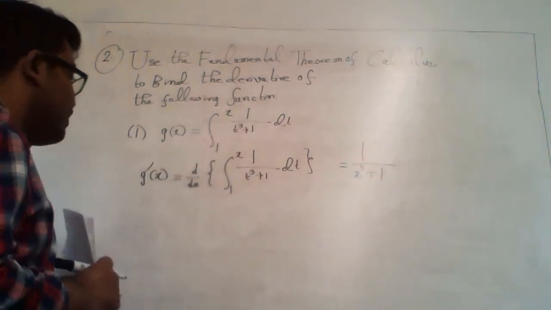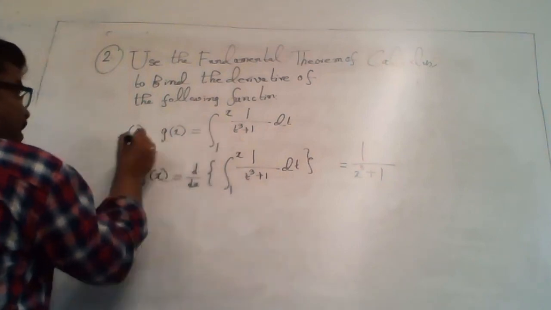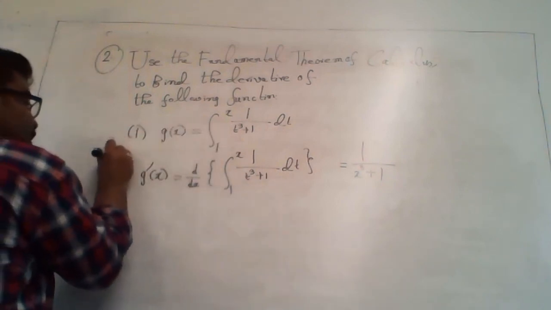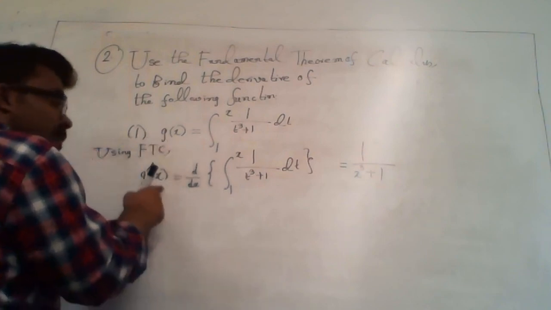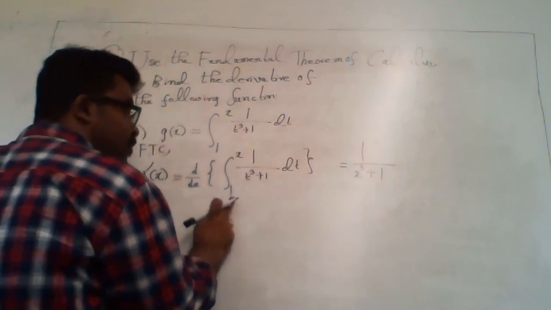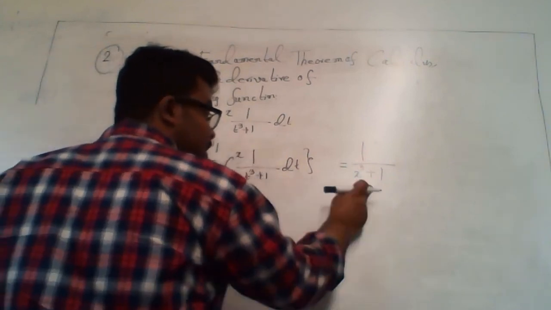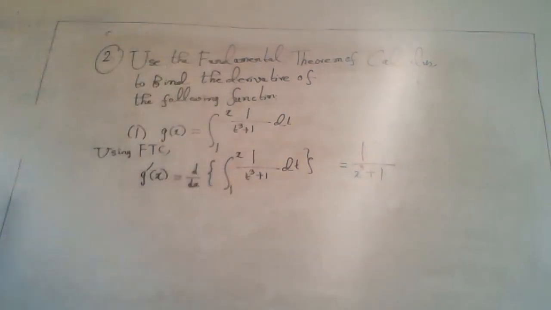First you have to write down using the fundamental theorem of calculus, or you can just write using FTC. Using FTC, g prime x is d/dx of the integral from 1 to x of 1 by t cubed dt, which is 1 over x cubed plus 1. These problems are extremely easy.